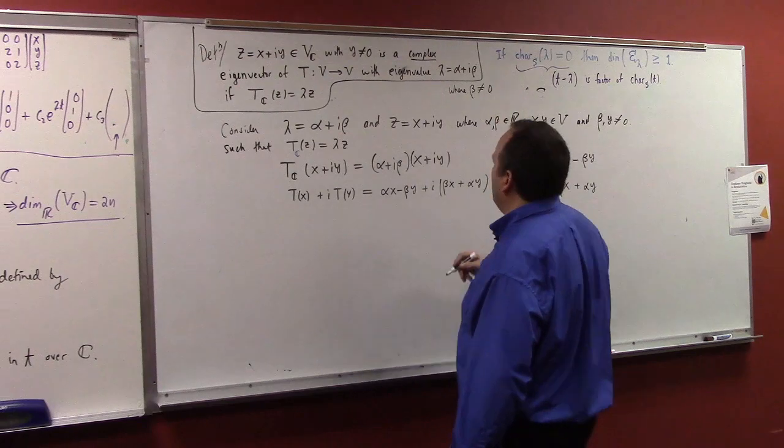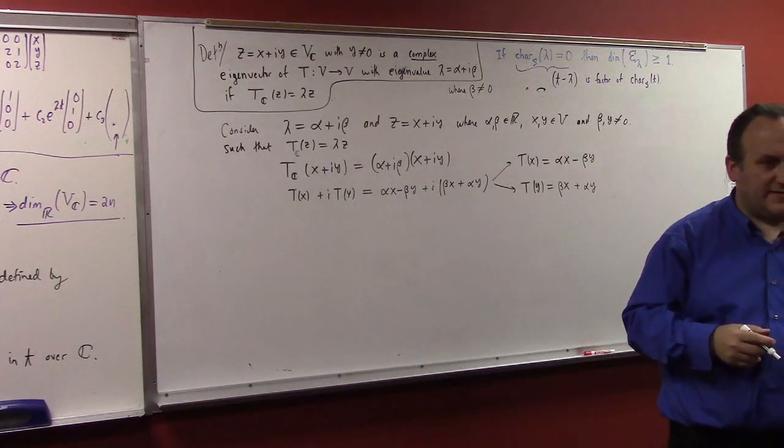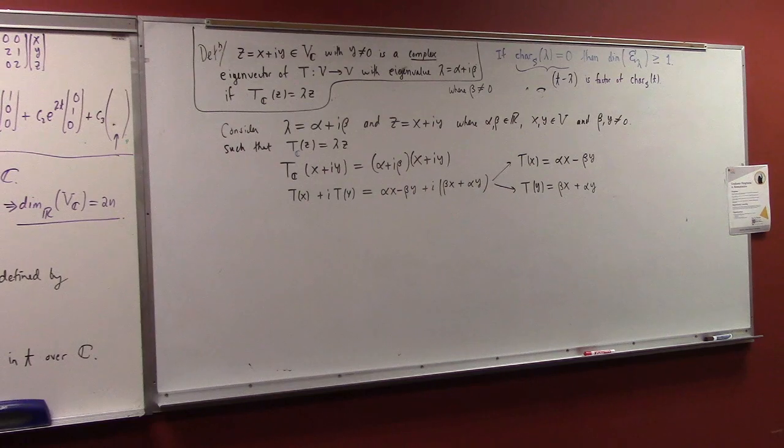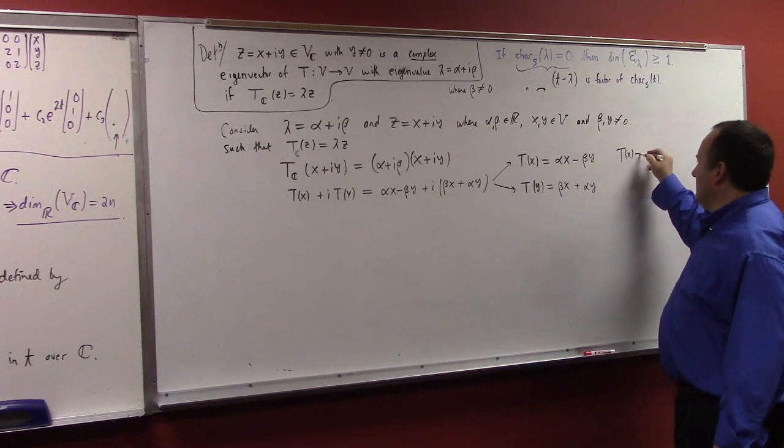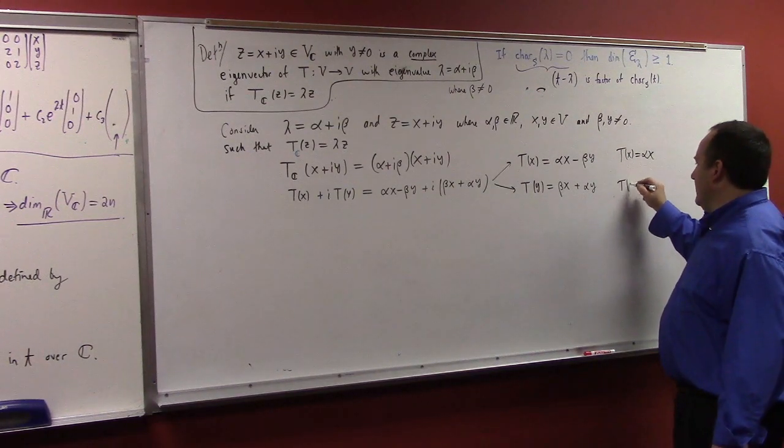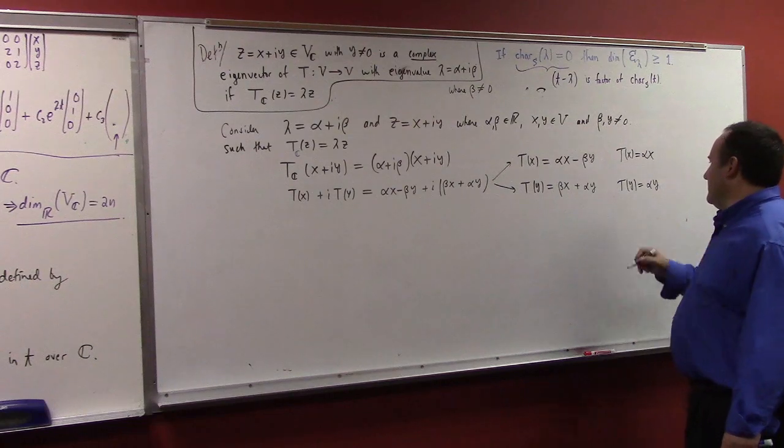I should look at my notes to be more careful, like which came first, chicken or egg, horse before cart, all that kind of thing. But here's the thing: if beta was 0, I would have T of x equal to alpha x and T of y equal to alpha y, right?